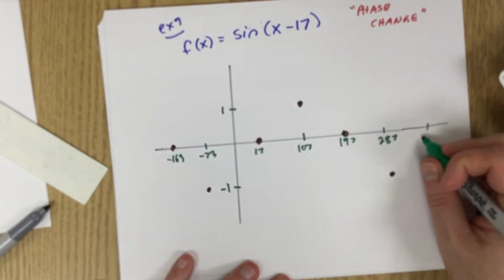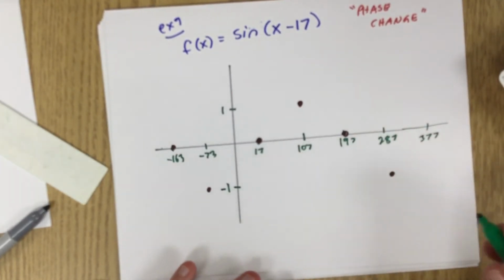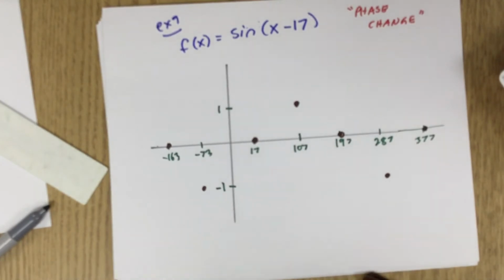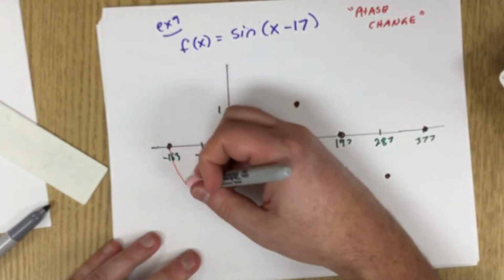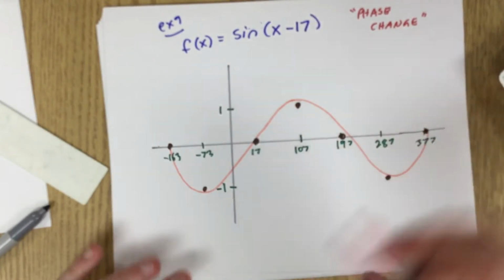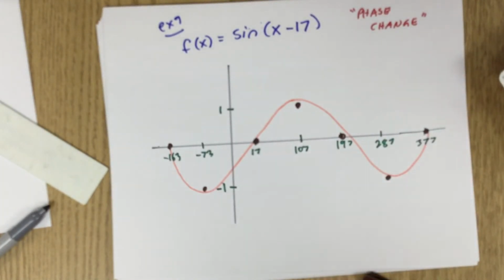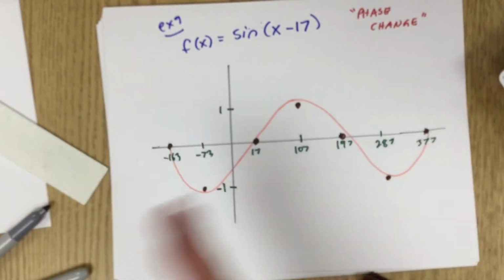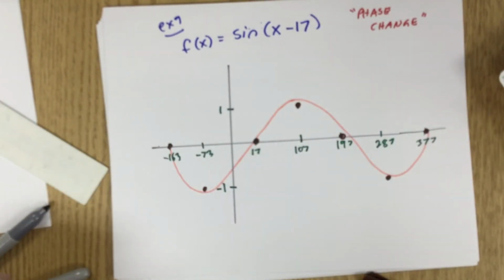So plus 90 would be, I think, 377. And if we draw the graph, it would look something like that. And so what happens is there's been a phase change. The whole graph has moved 17 to the right.